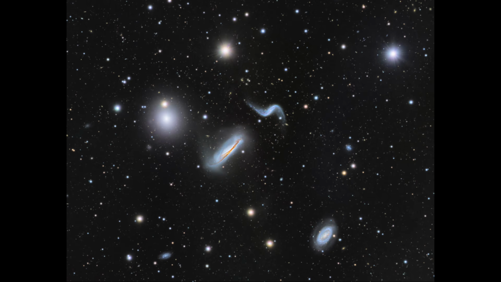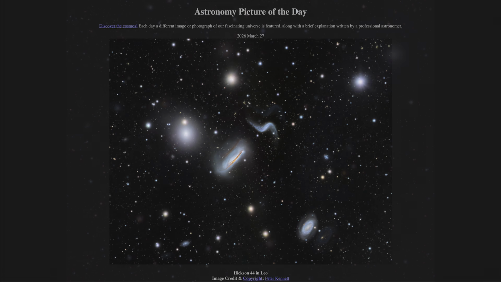So it is quite possible that our galaxy and Andromeda will merge in the distant future, billions of years from now, forming one much larger galaxy. So here we see one example of a compact group of galaxies, likely a precursor to beginning to merge together into even larger galaxies. So that was our picture of the day, titled Hickson 44 in Leo.